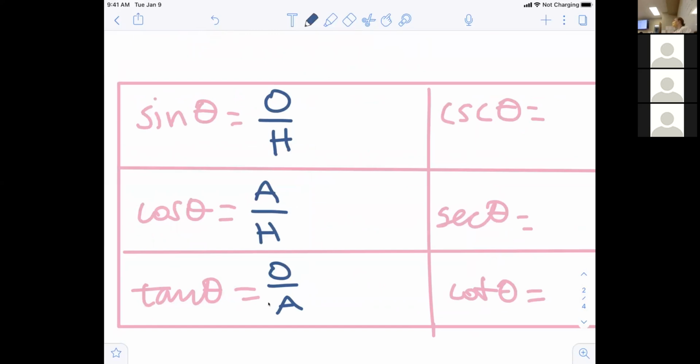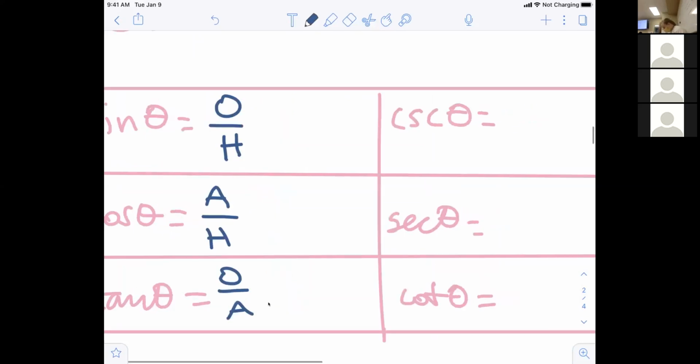Everybody good so far? Hanging in there? Good. Cosecant is hypotenuse over opposite, secant is hypotenuse over adjacent, and cotangent is adjacent over opposite.